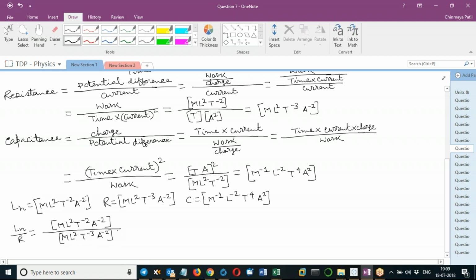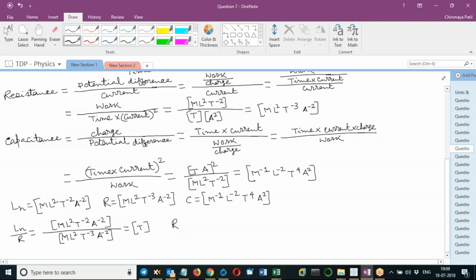If we simplify, M, L square and A power minus 2 get cancelled, and t power minus 2 divided by t power minus 3 gives t, which is the dimension of time.